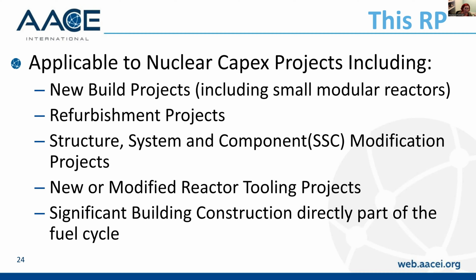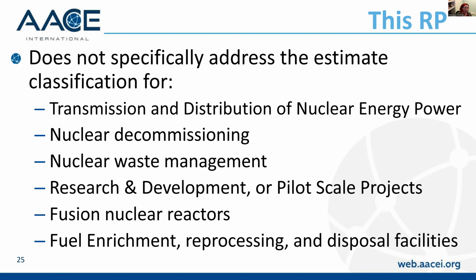We are not talking about, again, item equivalencies. We're not talking about maintenance. We are not talking about waste and decommissioning in this particular RP. So it does not account for transmission and distribution. That's a separate RP. No waste management, no decommissioning.